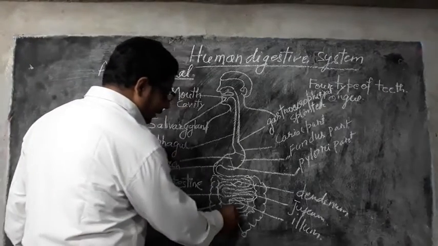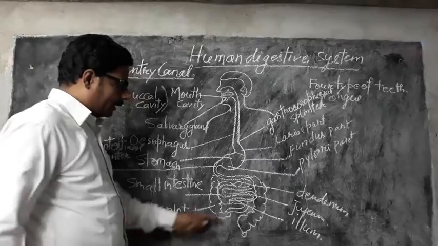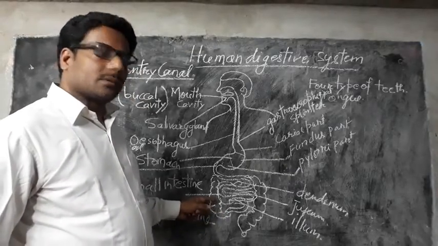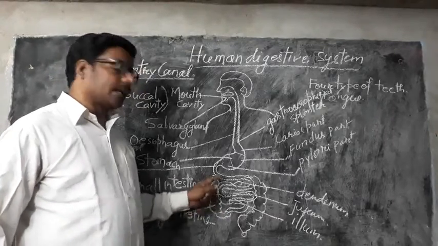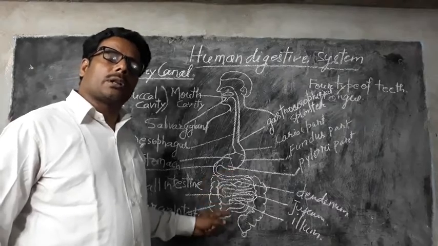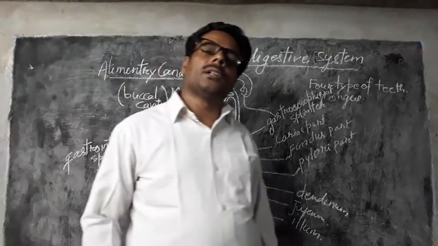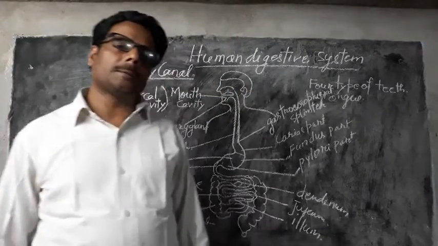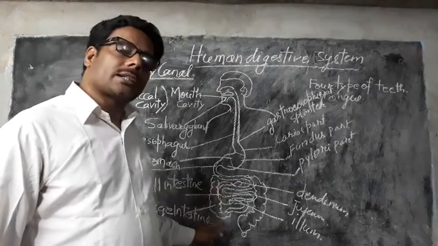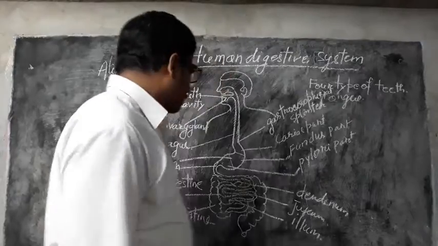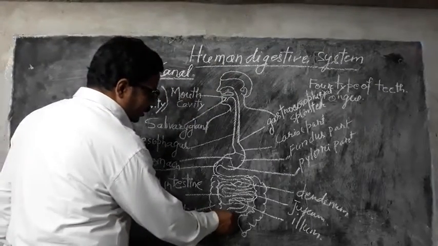Thereafter, this small intestine joins with the large intestine. The size of the small intestine in a normal healthy person is about 6 meters, and the large intestine about 1.5 meters.